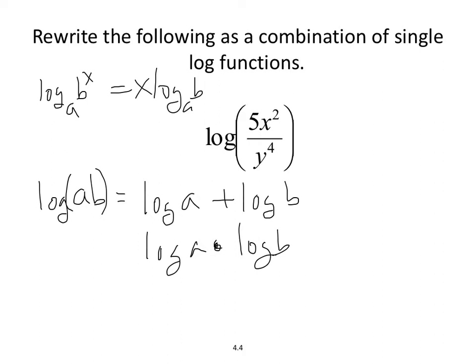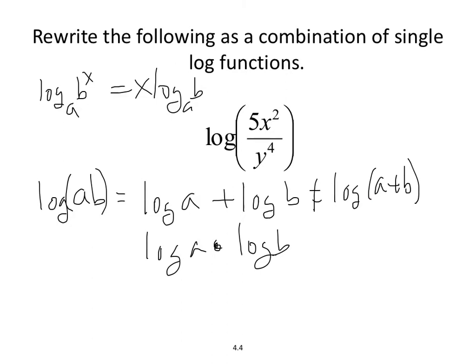And the other area that people get themselves in trouble with is if I have the log of a sum. That's not the same thing. Notice that this is the product of two things, and this is the sum of two things. So don't try to break this apart. You can't. That's kind of locked up. You've got to deal with it the way it is. If it's an equation, you've got to think about rewriting it to get rid of the log.